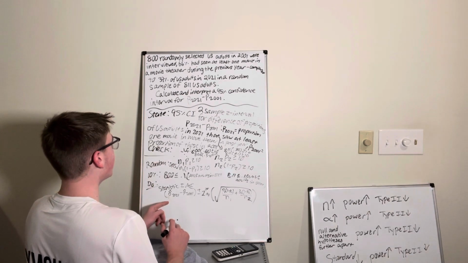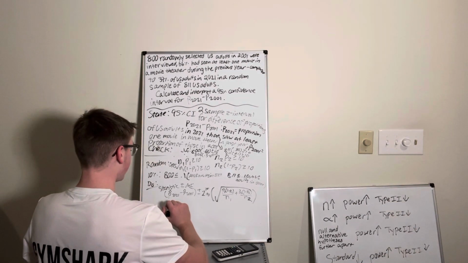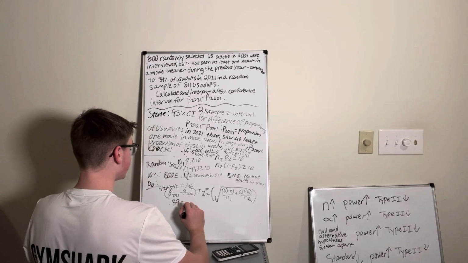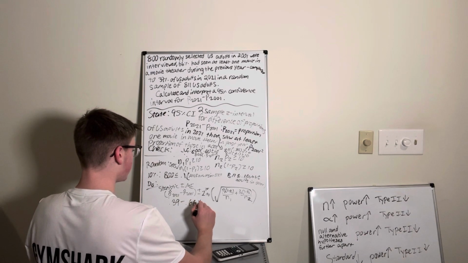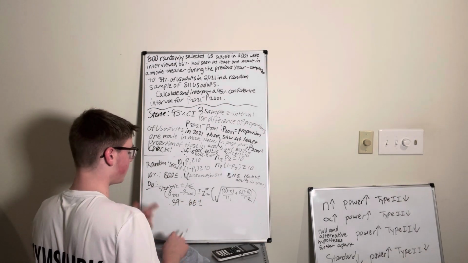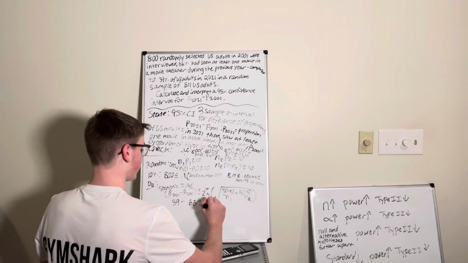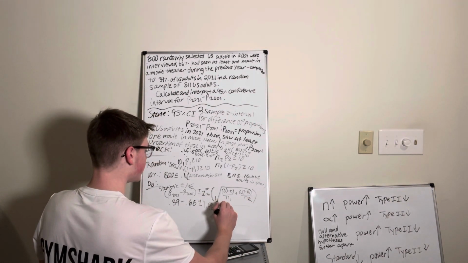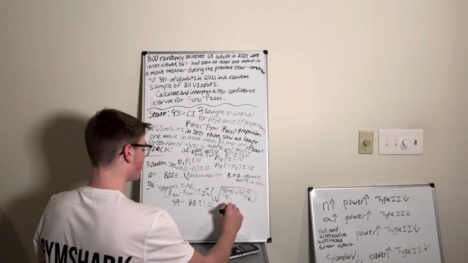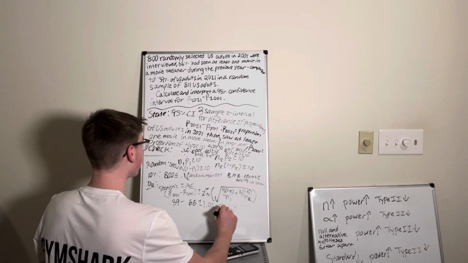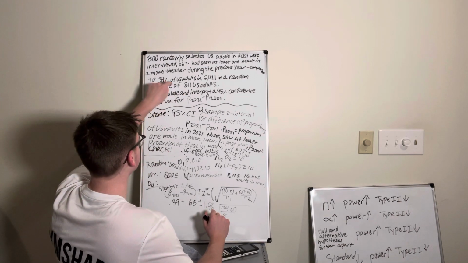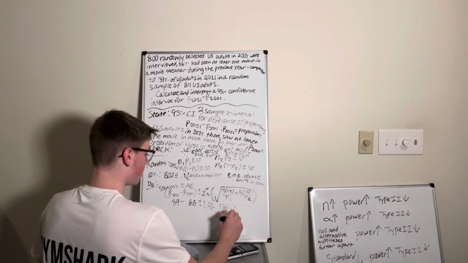So P 2021 is 0.39 minus 0.66 plus or minus the z star of 95%, which is 1.96. Then root P1 is 0.39 times 0.61 over 811, because the 0.39 is in the 2021.